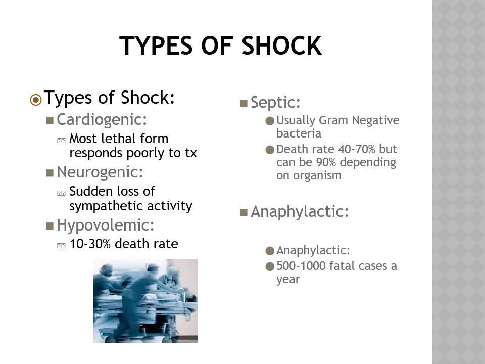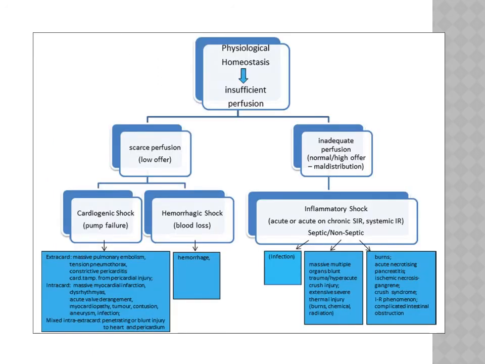And then anaphylactic shock would be as a result of a severe allergic reaction, and there are up to 1,000 fatal cases a year for anaphylactic shock. So this is a diagram basically linking the different types of shock to some of the signs and symptoms for those of you that are more visual learners.